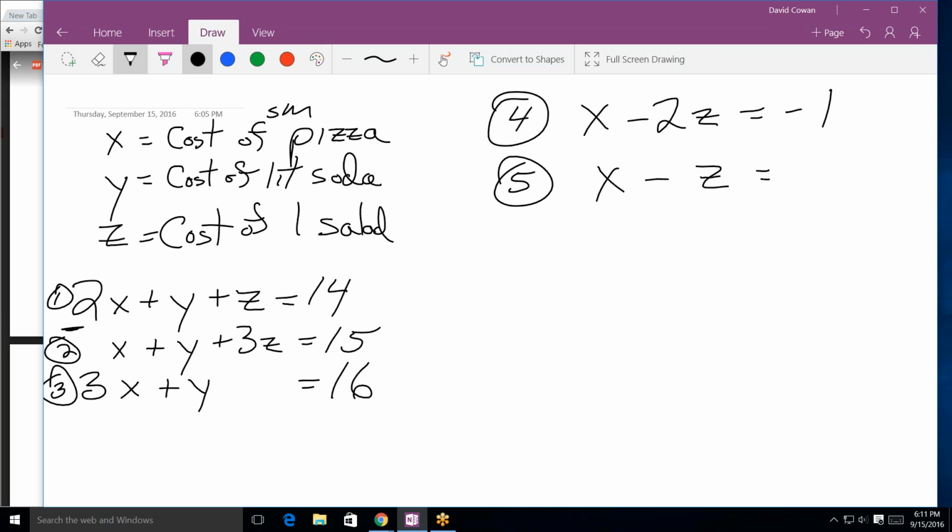And then 16 minus 14 gives you 2. Very, very important to distinguish whether you're going to be adding the equations or subtracting them. And notice that because I'm subtracting, I could actually do any of these in any order to get rid of y.